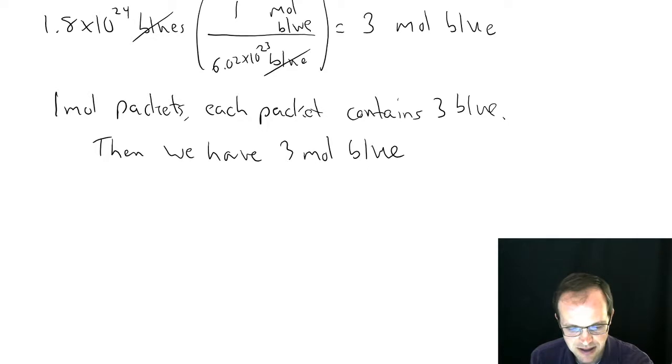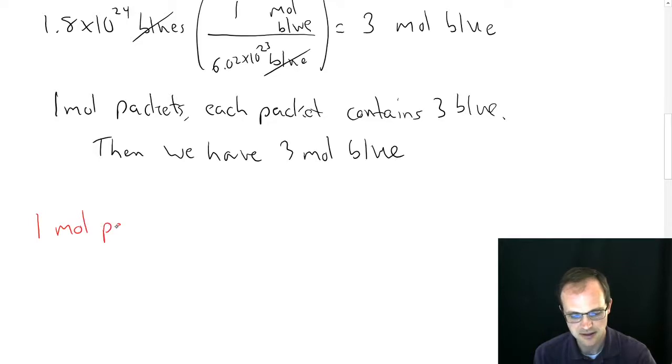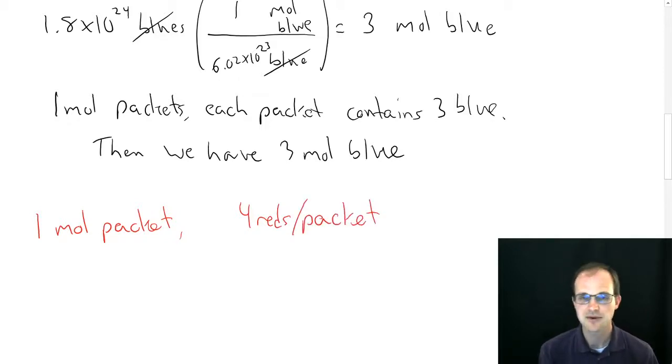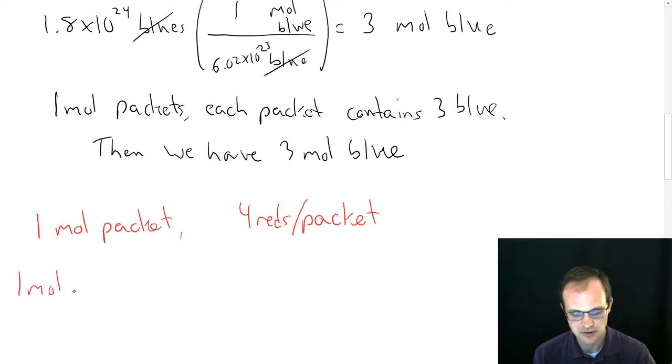Let's do an example where we're going to talk about the reds now. Now let's say I had 1 mole of packet. And if you remember, there's 4 reds per packet. How many reds would I have? Hopefully you came up with 4 moles of reds. So what I'm going to do is I'm just going to start with 1 mole of packets.